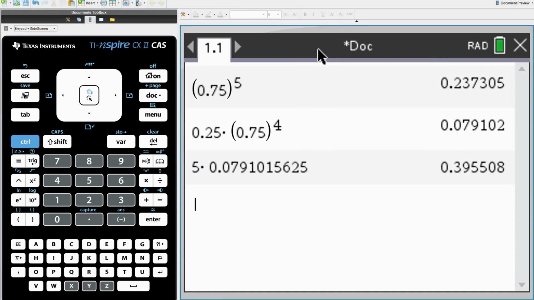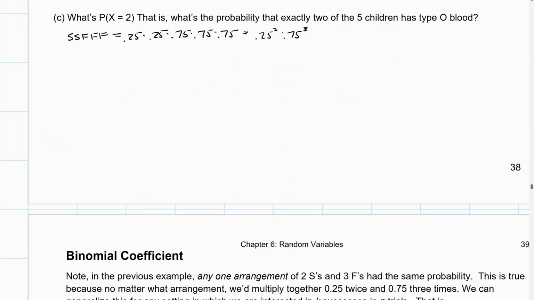Back to the calculator, 0.25 squared times 0.75 cubed is 0.0264.